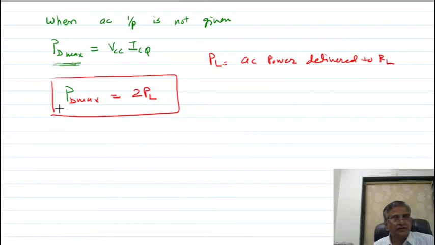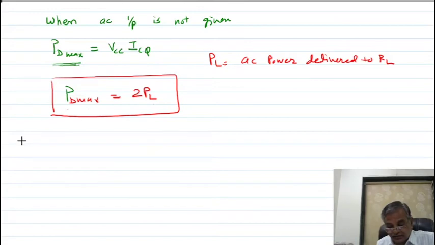The relation between PD max and the AC power delivered to the load is given by this. So remember, PD max is nothing but the maximum power dissipation in a quiescent condition in a transistor. Remember this.